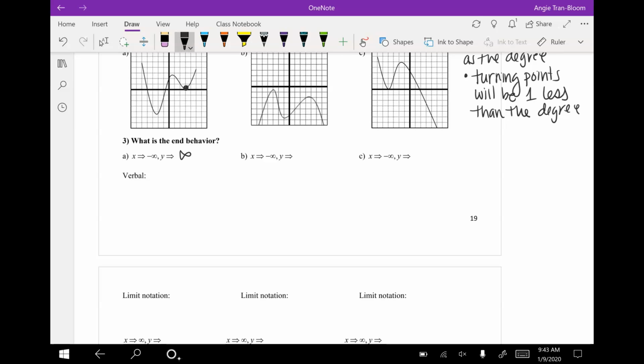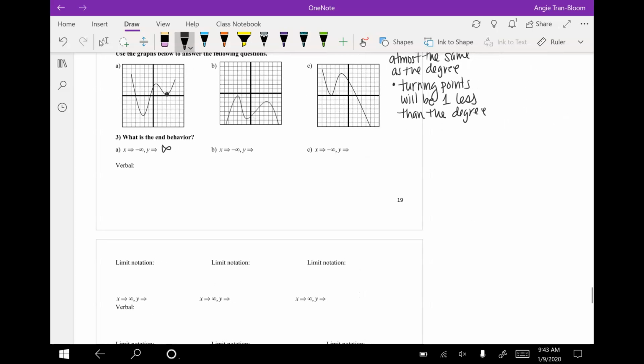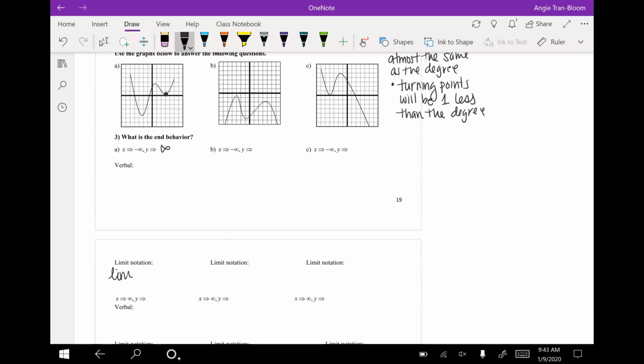Okay. So limit notation would be limit as x approaches negative infinity. Can you guys see that this is not an equation? So what variable would you like to use to represent y? f of x or y? Okay. So the limit as x approaches negative infinity, y equals infinity.